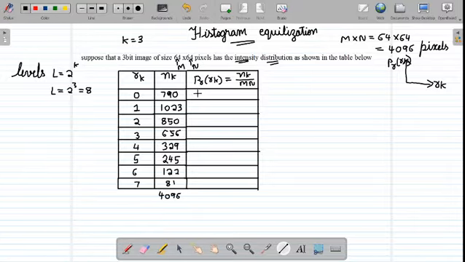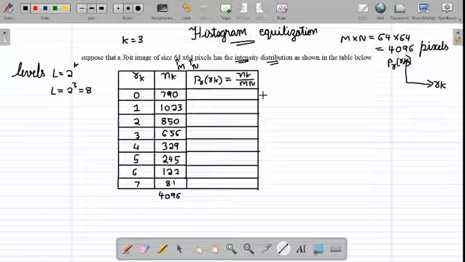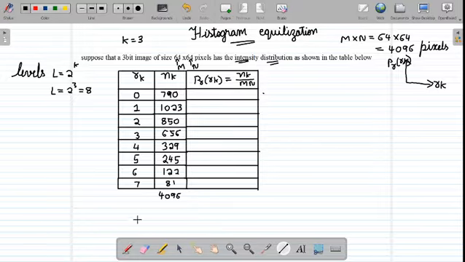So here the probability of 0 is Nk, 790, divided by M cross N. You already know that M cross N is 4096. When you divide this, the value would be 0.19.